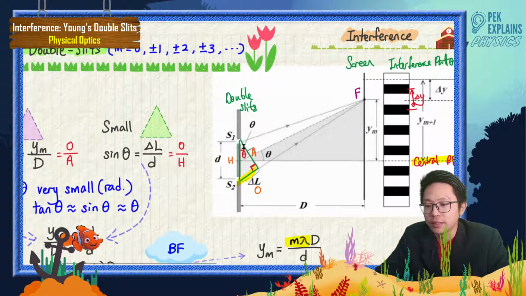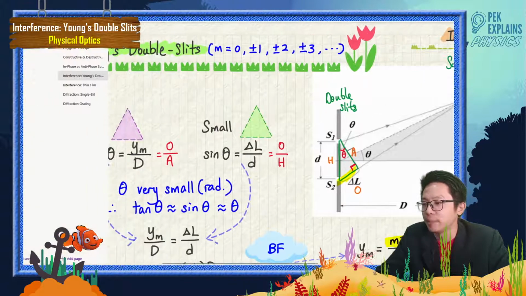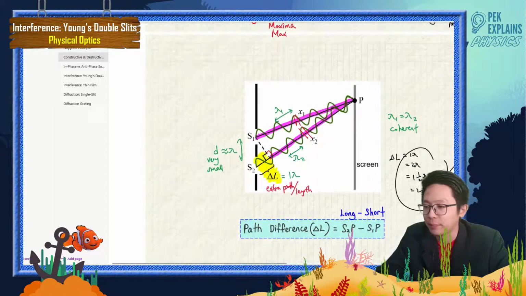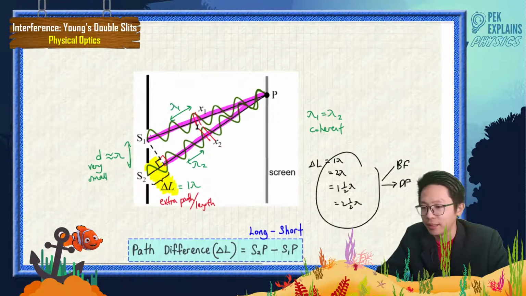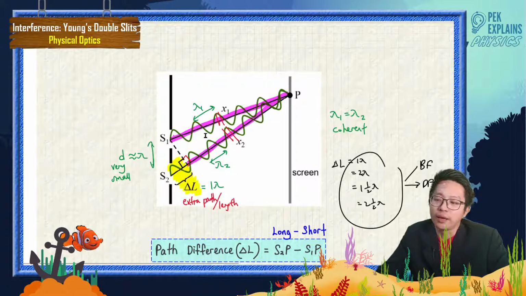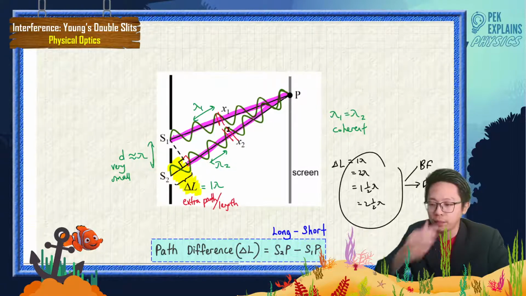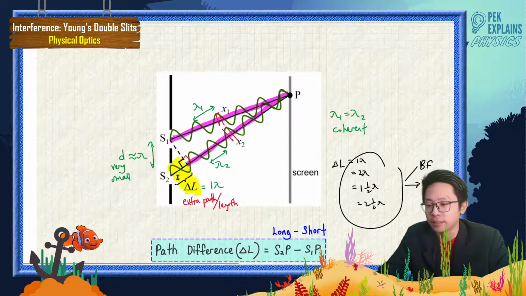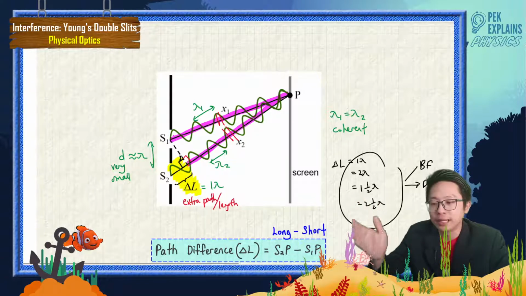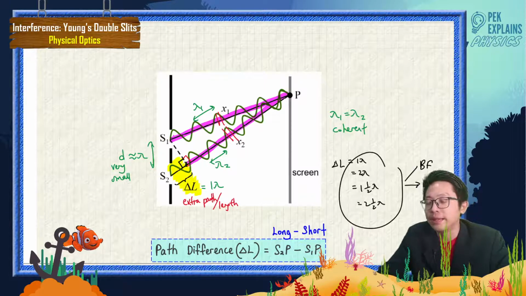Still remember how we find the path difference? S2 travels a longer distance by this amount. You see that? How do we find the delta L? We draw a normal line downwards.